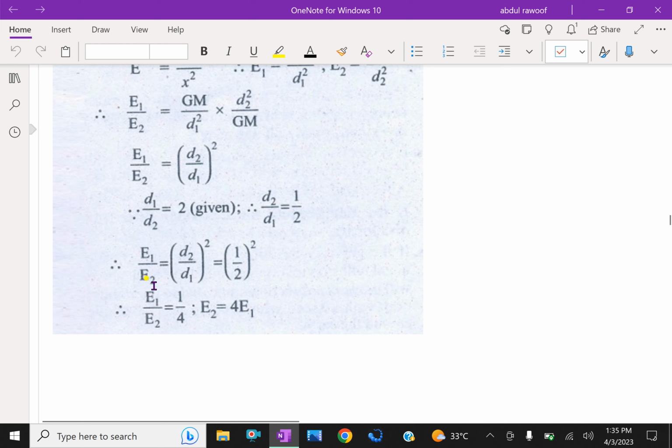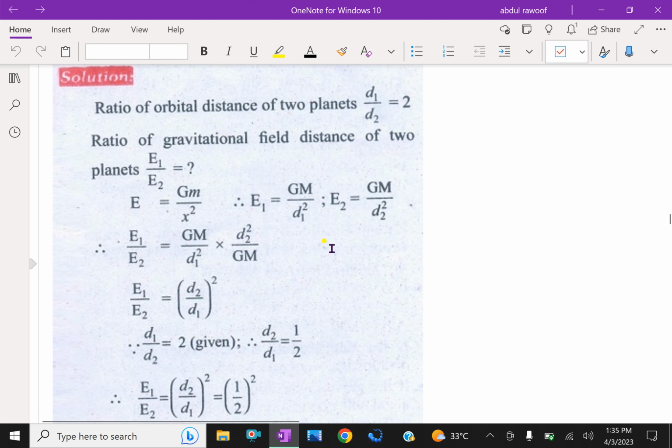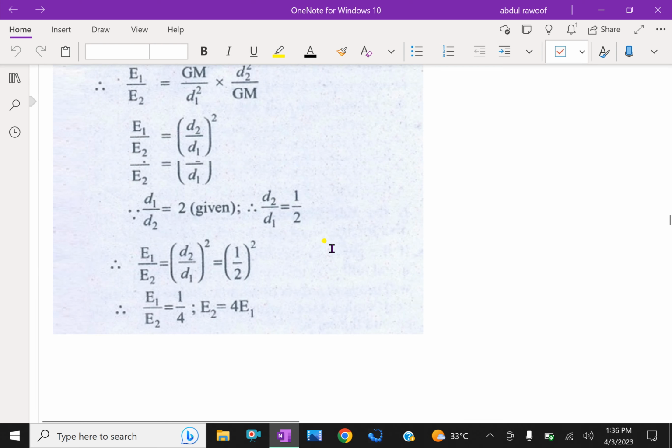Therefore E1 over E2 is d2 by d1 whole squared, that is 1 by 2 whole squared, which equals 1 by 4. Therefore E1 by E2 equals 1 by 4. From that we get E2 equals 4 E1, meaning the gravitational field of one is 4 times the other.